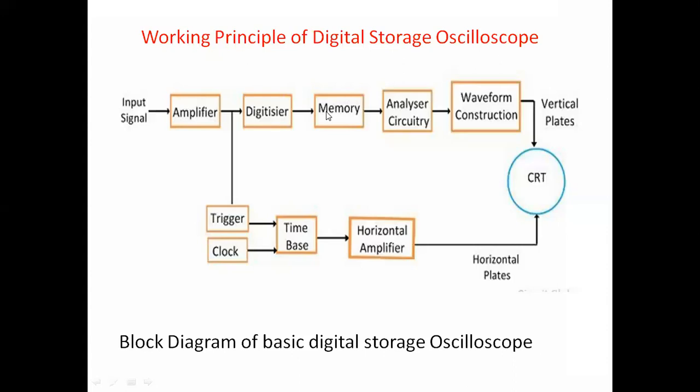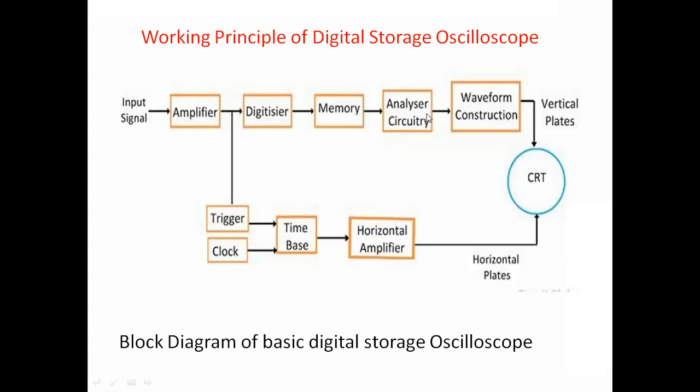whenever you require to display the input signals, the signals will be retrieved from the memory and applied to the CRT through waveform reconstruction. Again the digital form of the signal will be reconstructed as the shape of the applied input signal.